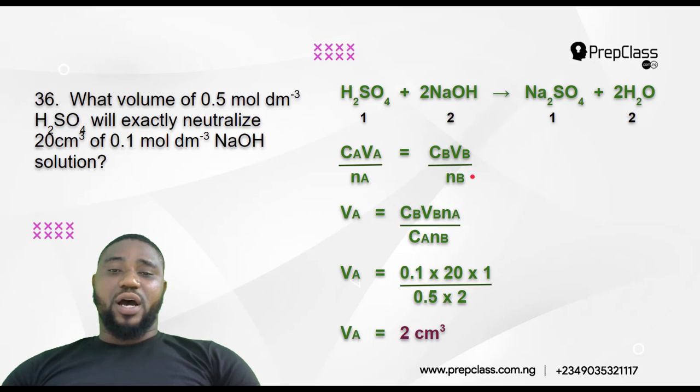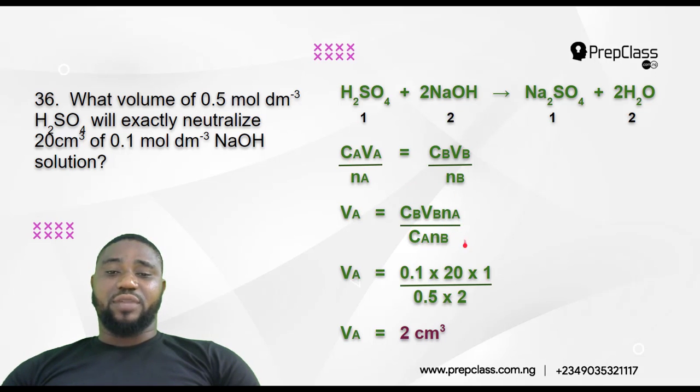Since they are asking us the volume of the acid, we have to make VA the subject of the formula. So VA becomes CBVBNA over CANB.